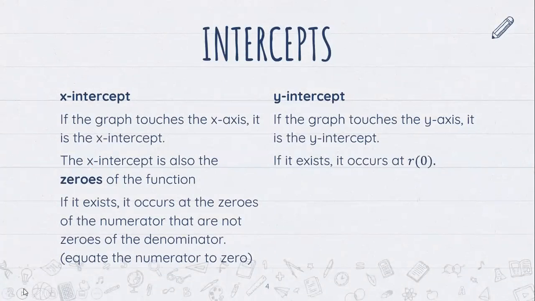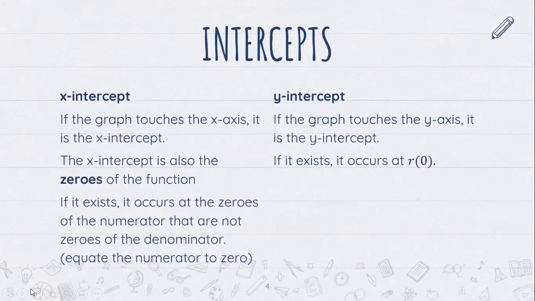Number one, the x-intercept, and number two, the y-intercept. If the graph touches the x-axis, it is the x-intercept. Of course, also, if you have learned zeros in your junior high school mathematics, zeros are also the x-intercepts of the given function. Okay? So, paano po natin kunin si x-intercept?